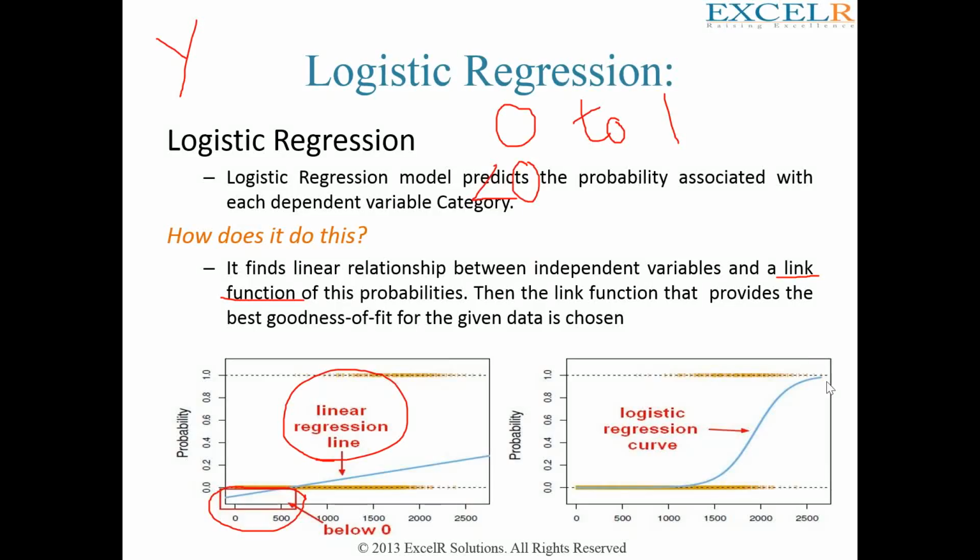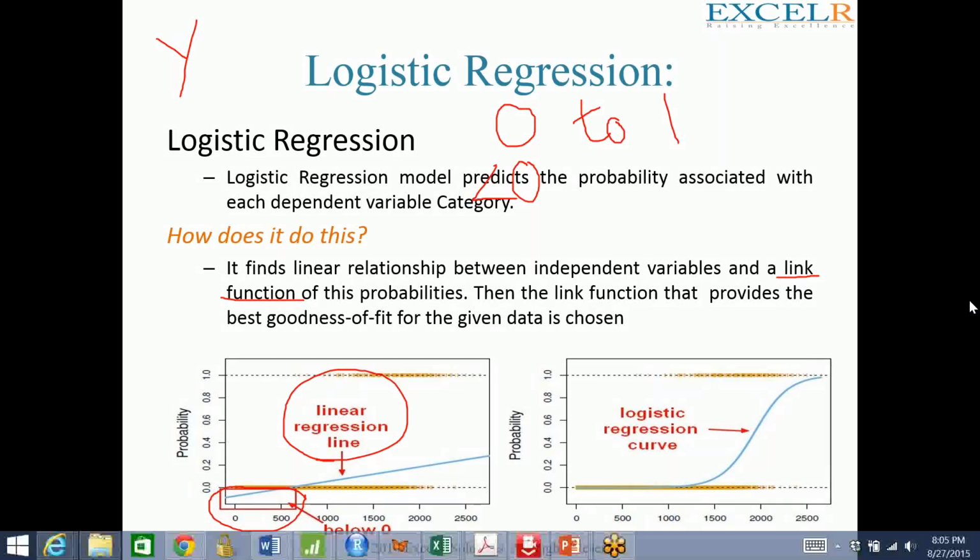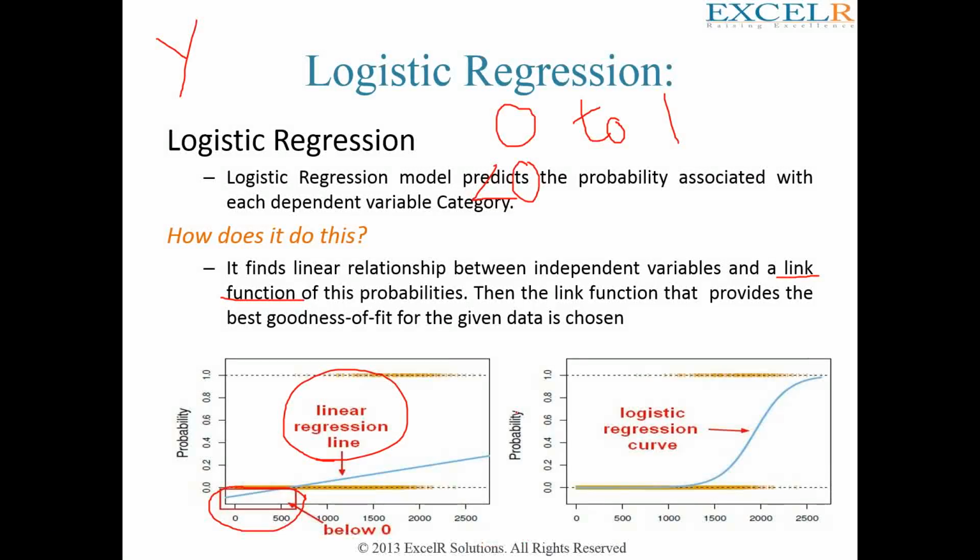Yes, probability can be 0, but it will never be a negative value. Negative probability does not exist. So if you use linear regression, that is a challenge you are going to encounter.